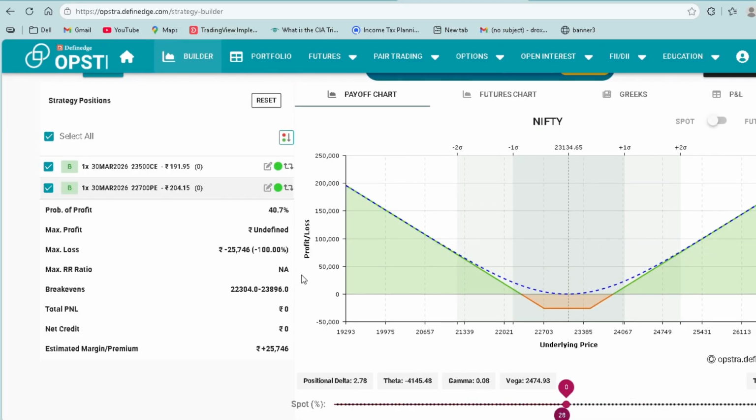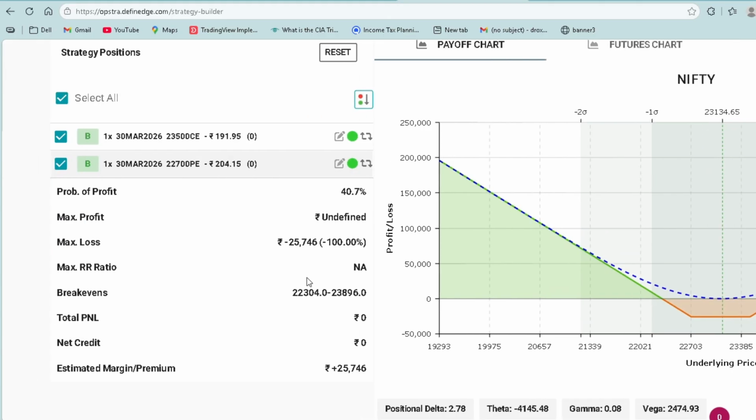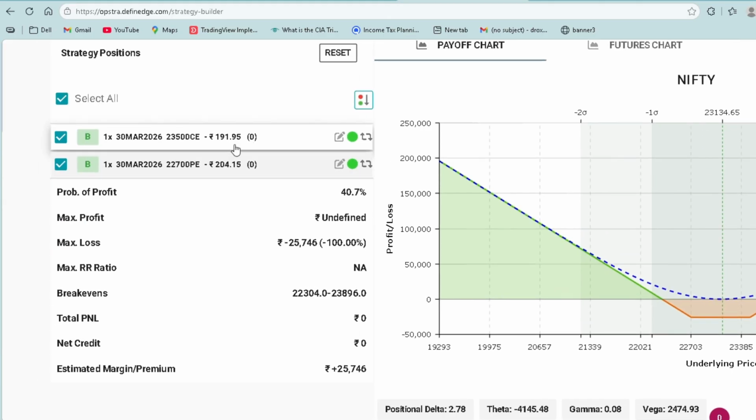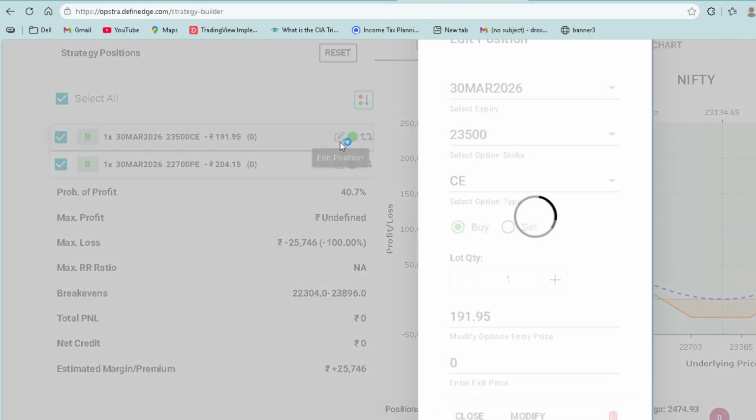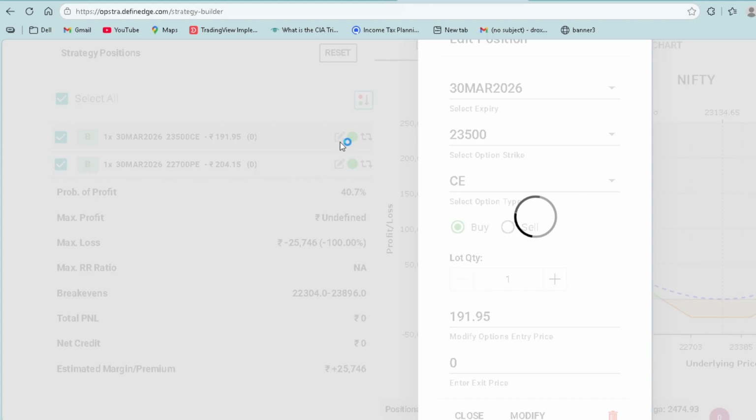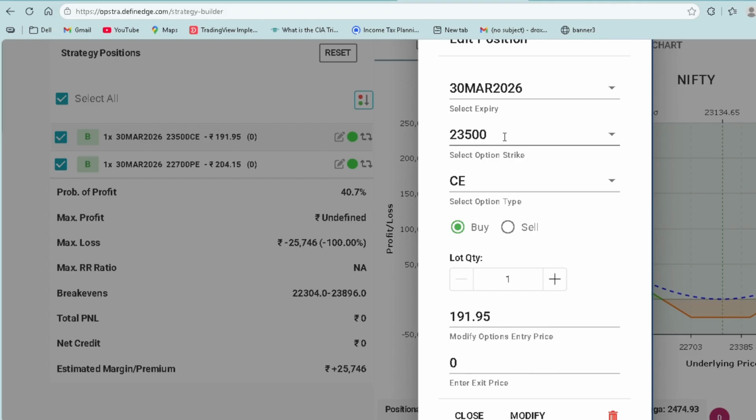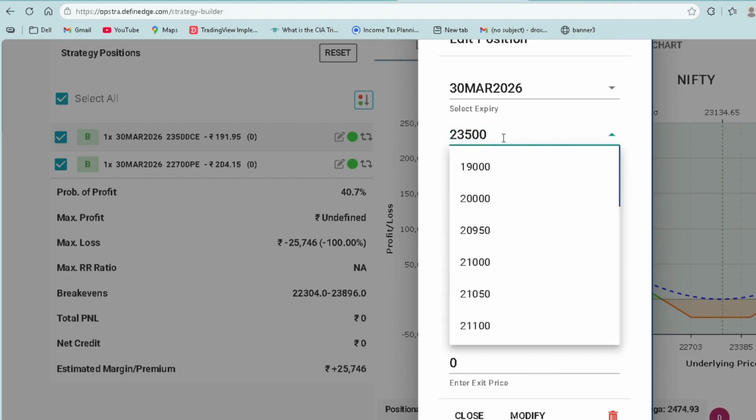Okay, I've chosen this strike price, that is 400 gaps, but let's increase this to 800 points above and below market price. So instead of 23,500, let's go to 23,900.